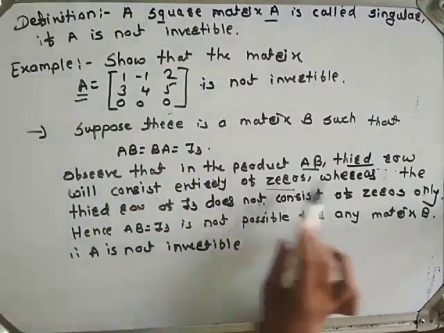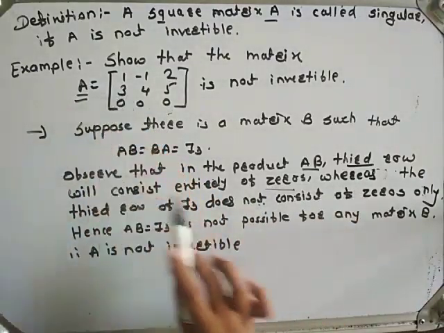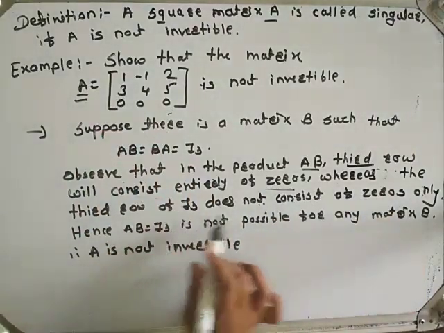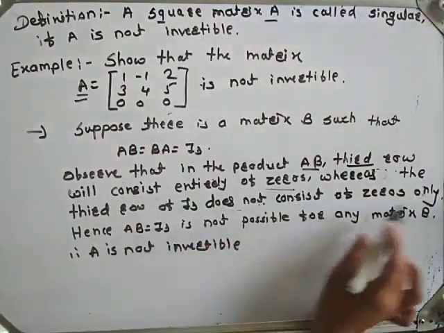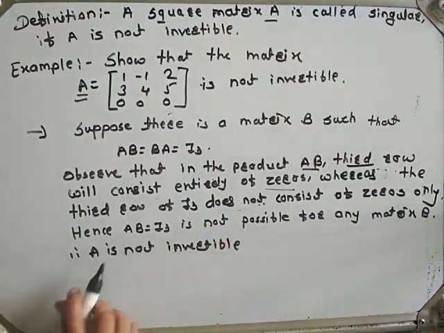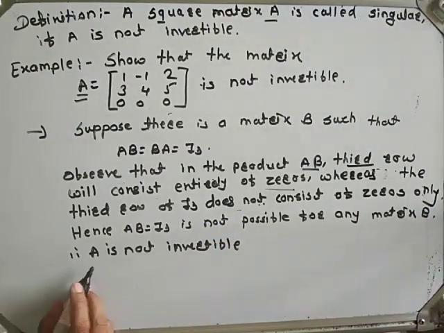Therefore, the third row of AB consists entirely of 0, whereas the third row of I3 does not consist of zeros only. Therefore, AB is equal to I3 is not possible for any matrix B. Therefore, A is not invertible.